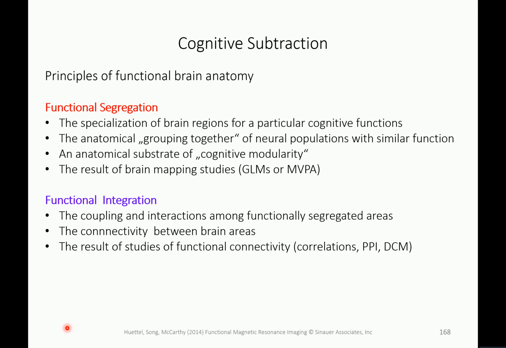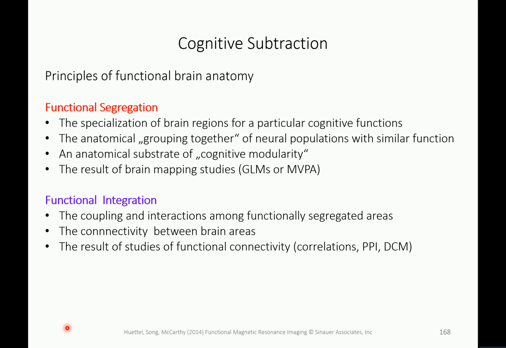Where's value in the brain? Ventral medial prefrontal cortex. At least that's the decision neuroscience story about value, whatever they mean by value. So the idea is that there are brain regions that are specialized for certain functions. This idea is, of course, based on the anatomical grouping together of neural populations with similar functions.